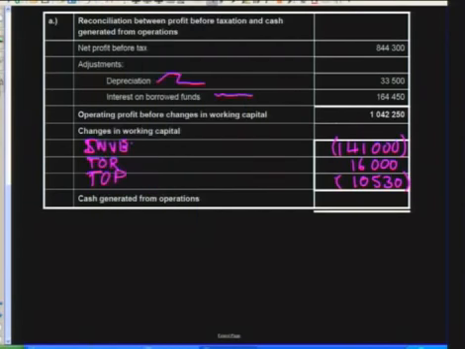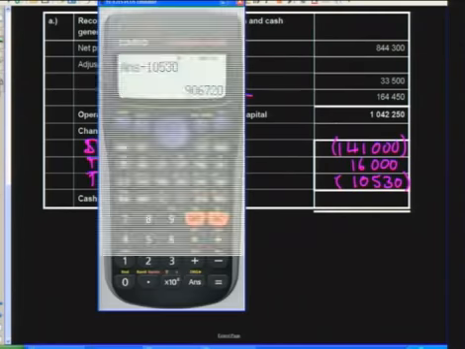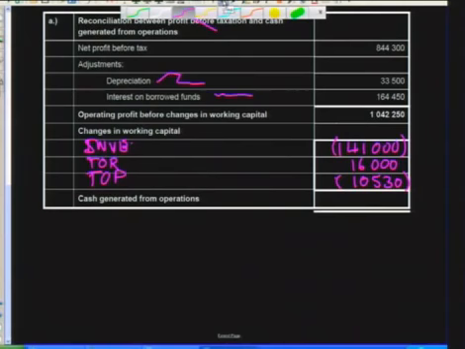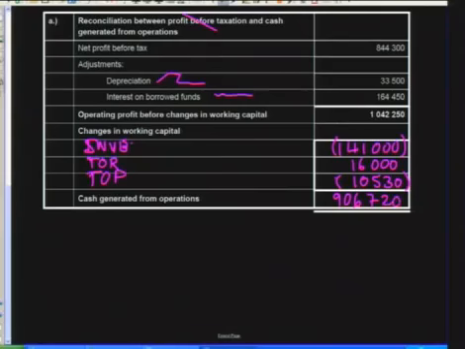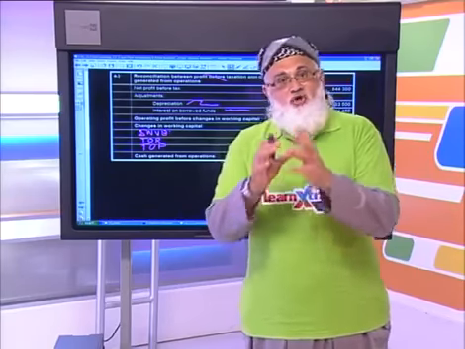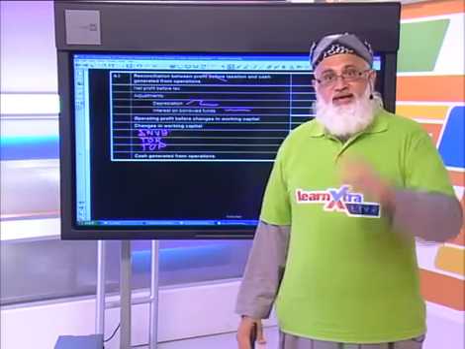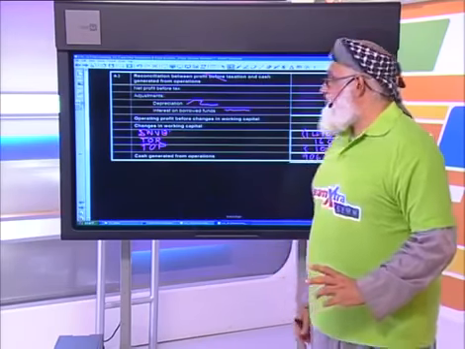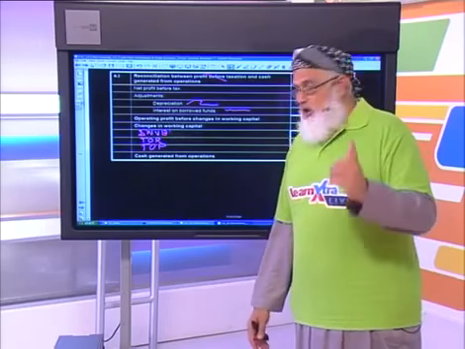There you go. You have now completed one component of your question paper already, and that is calculating the reconciliation between profit before taxation and cash generated from operations. Okay, let's carry on.